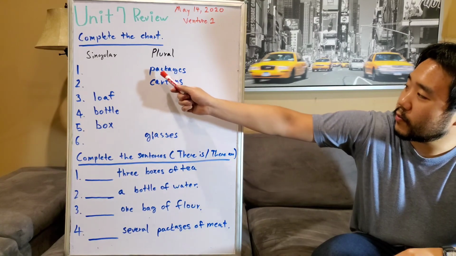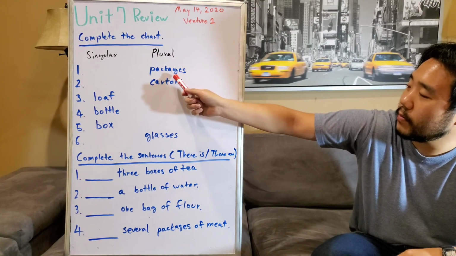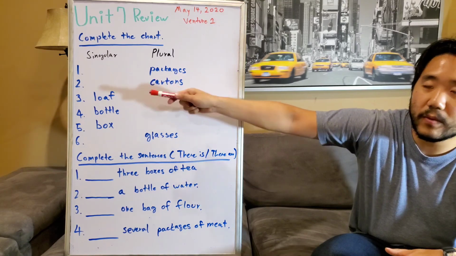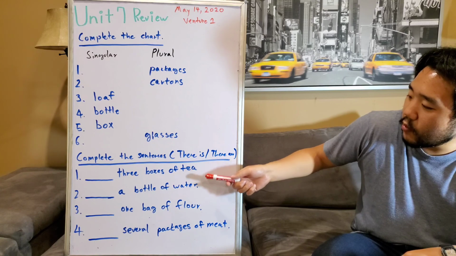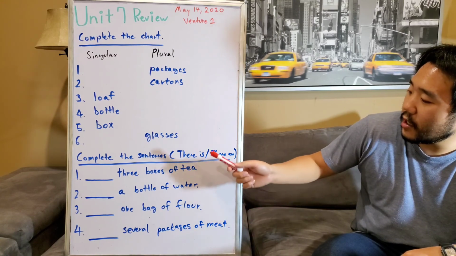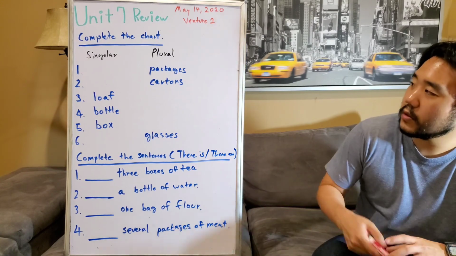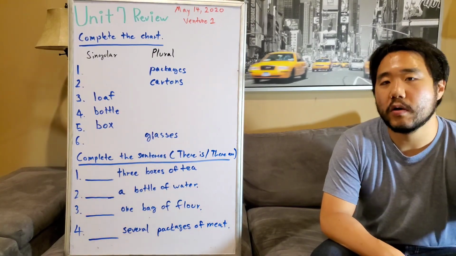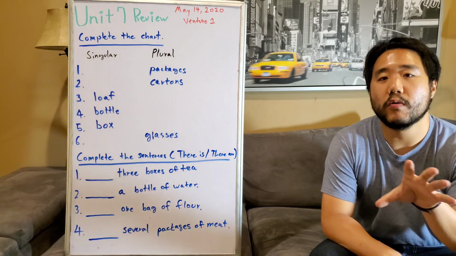For this one, they give you the plural form, so I want you to write the singular form. So complete the chart, and then for this one, I want you to complete the sentences using either there is or there are. So these are all the clues. So pause the video, try to do it on your own. Once you're done, I'll go over it with you, okay?